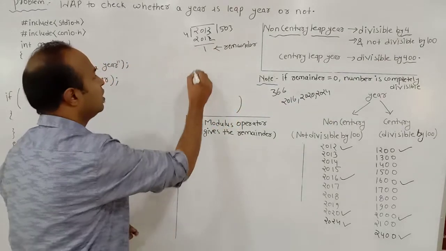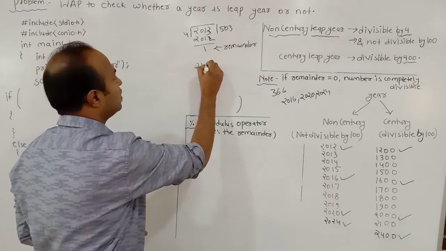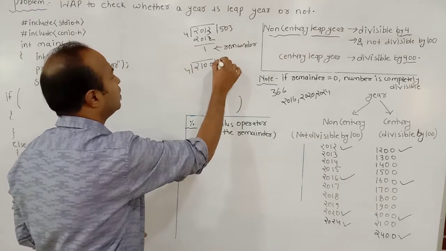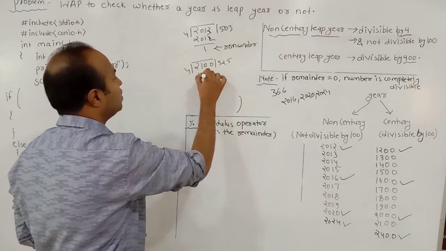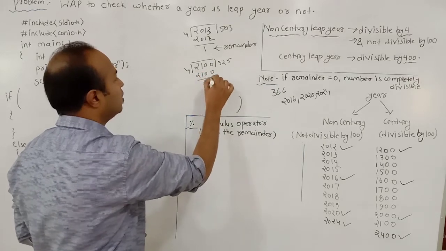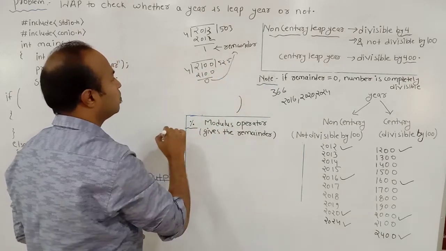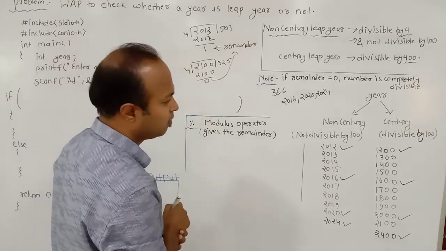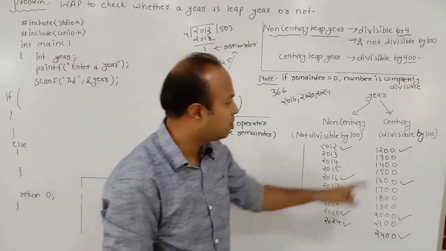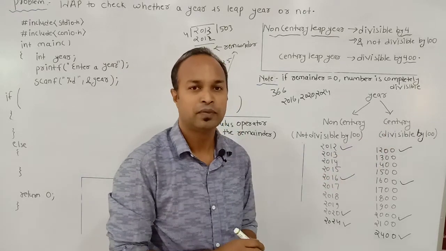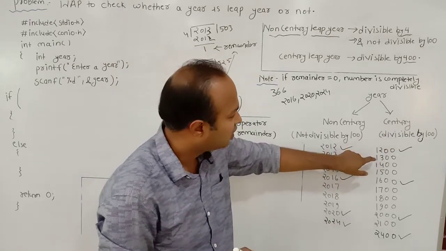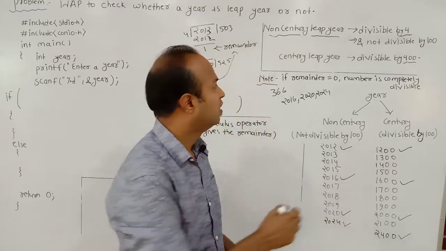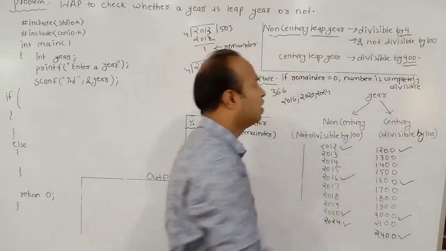Now we can also check: if we divide 2100 by 4, it will completely divide and we get the remainder 0. But 2100 is not a leap year. So how can we check a leap year in a century year? In a century year we can see that every leap year is divisible by 400.